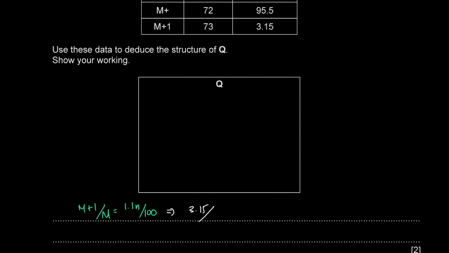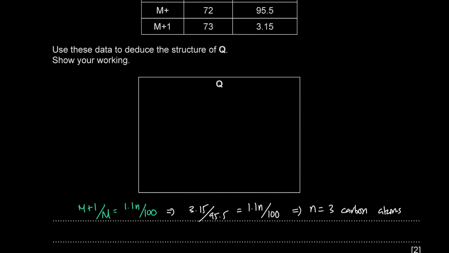The relative abundance of the M peak over here is 95.5, and this is equal to 1.1 N divided by 100, where N is the number of carbon atoms. So we can solve for N, and over here we get N is equal to 3. That means that this compound has 3 carbon atoms. So we have a 3 carbon lactone.